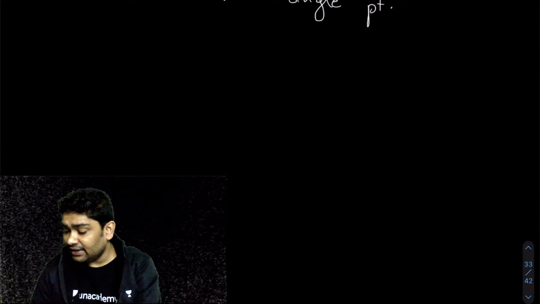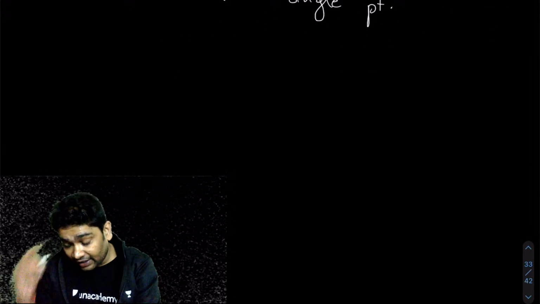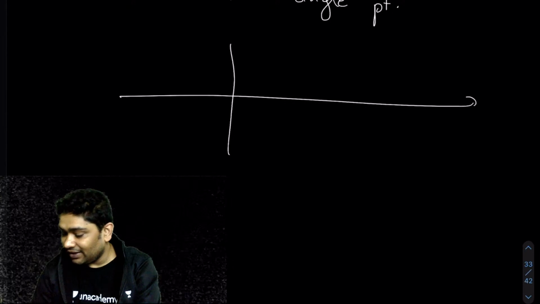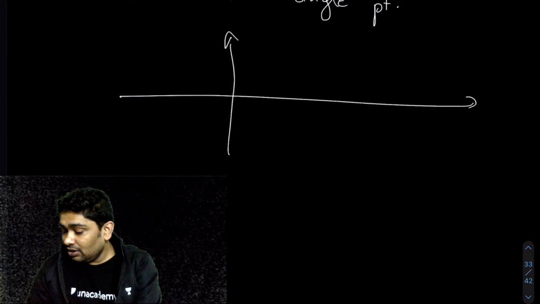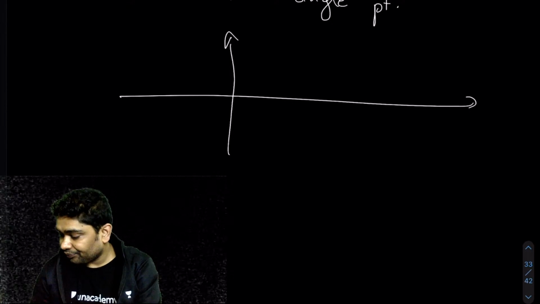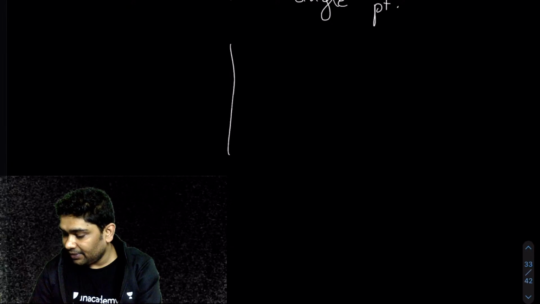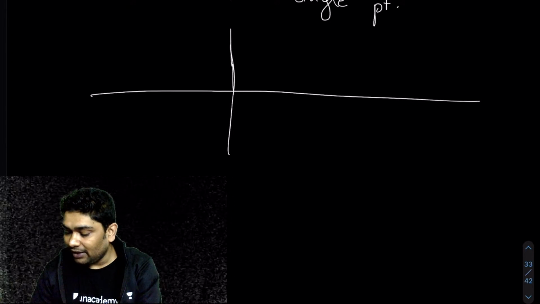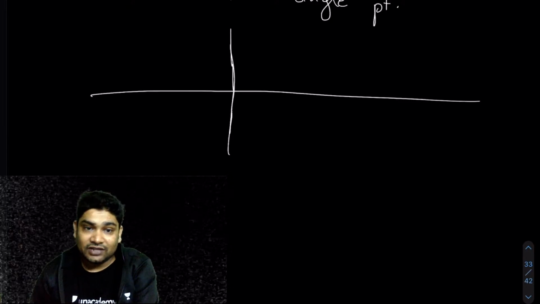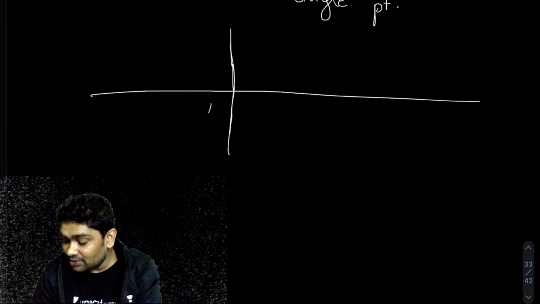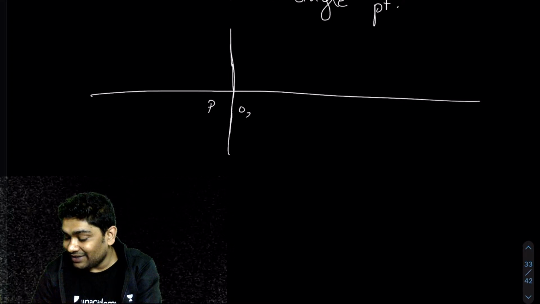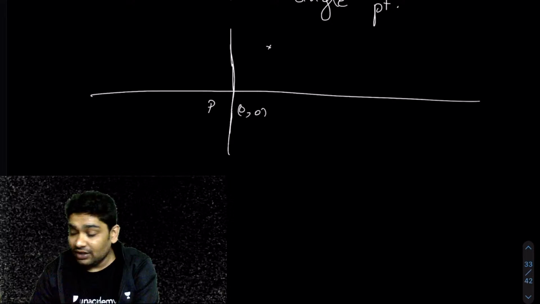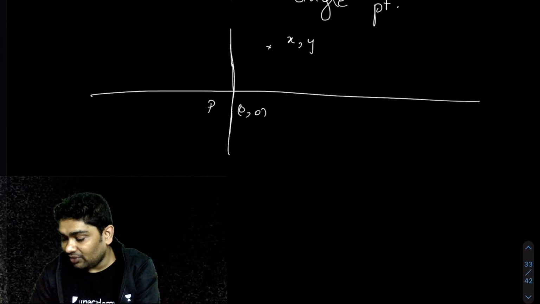Okay, and let's say that I have a pole which obviously I take as the origin. So we get ourselves two axes. We are keeping the pole as the origin, and I'm assuming that parallel rays are coming and falling on the surface of this mirror. So this is my pole. This is what I'm treating as 0, comma 0. And let's imagine that this is some random point of the mirror which has coordinates x, comma y.